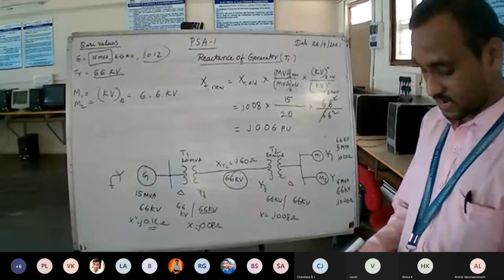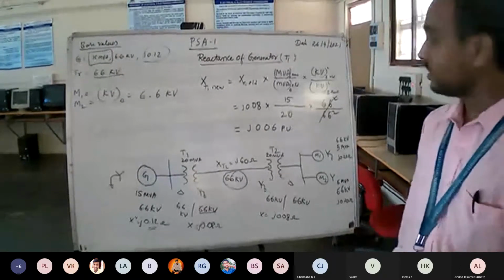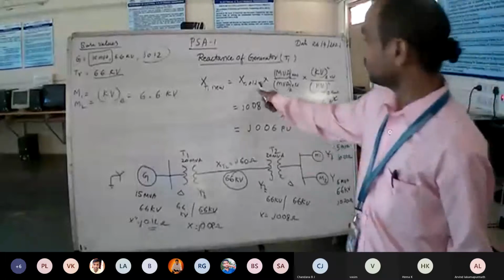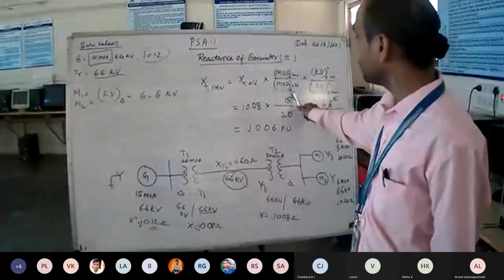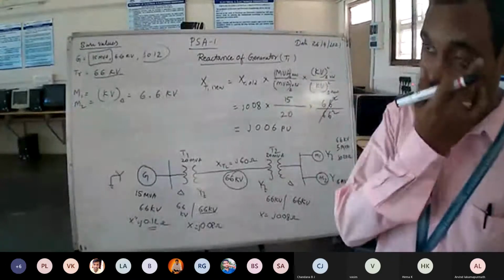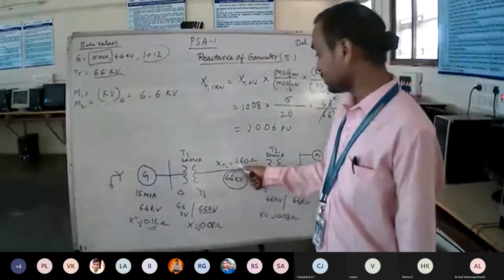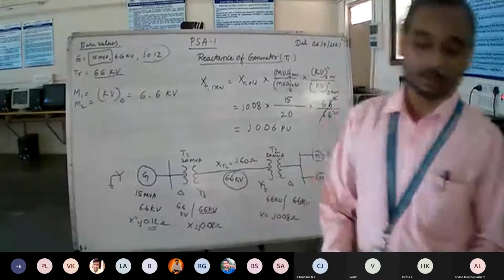Now calculate the reactance of the transmission line. For the transformer only we are doing it like this. For the transmission line we are not considering MVA old, MVA new, kV old, kV new. For the transmission line 60 ohm is given. So directly choose which formula?